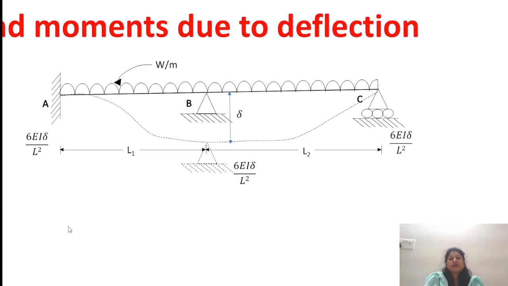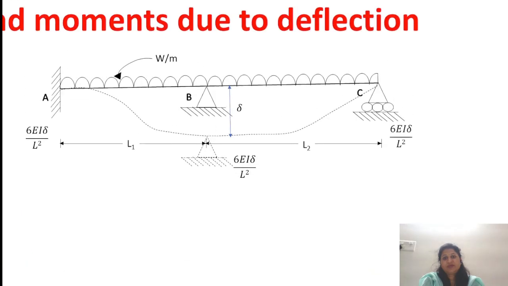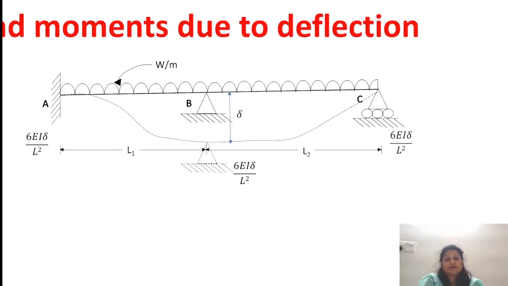now the second and third part is the end moments due to the deflection, or we can say the settlement. Now this is the continuous beam ABC, and delta is the settlement at joint B. So due to that, the moment at A is 6 delta upon L square, and at B also 6 delta upon L square, and C also 6 delta upon L square, because for the vertical displacement, or settlement, any support is going to be settled down in the downward direction or in the upward direction.